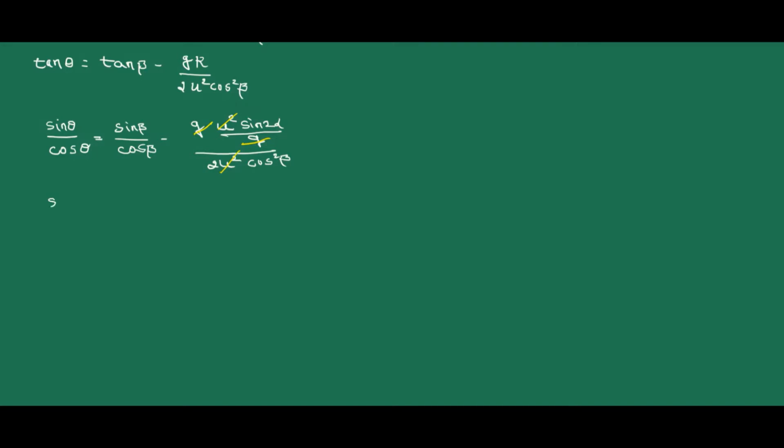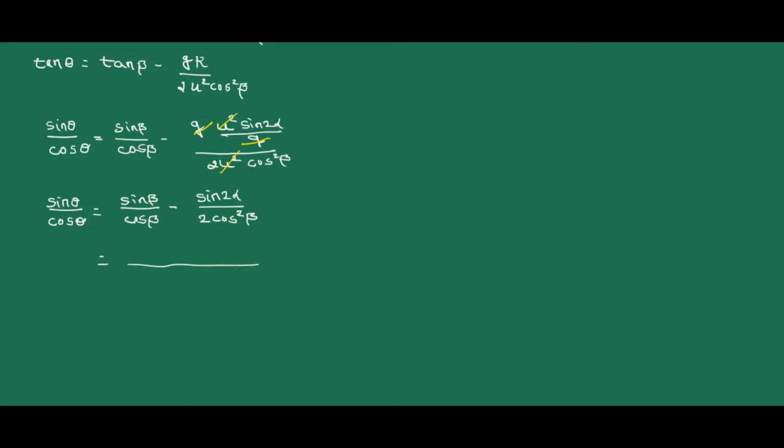Write down the remaining terms, that is sin theta divided by cos theta is equal to sin beta divided by cos beta minus g into, g gets cancelled, so we are left with only sin 2 alpha divided by 2 cos square beta. Now you can take LCM.